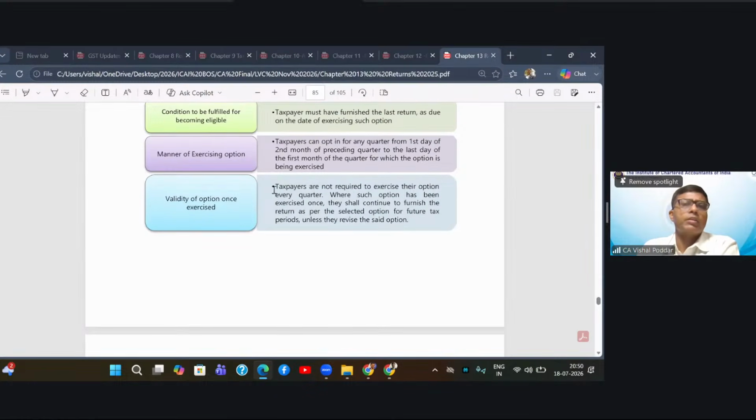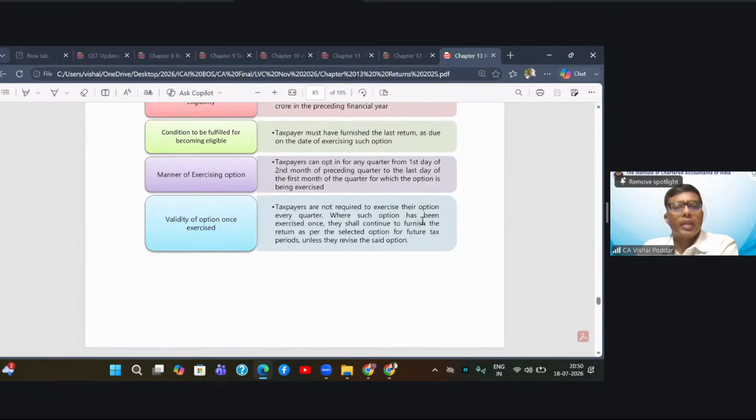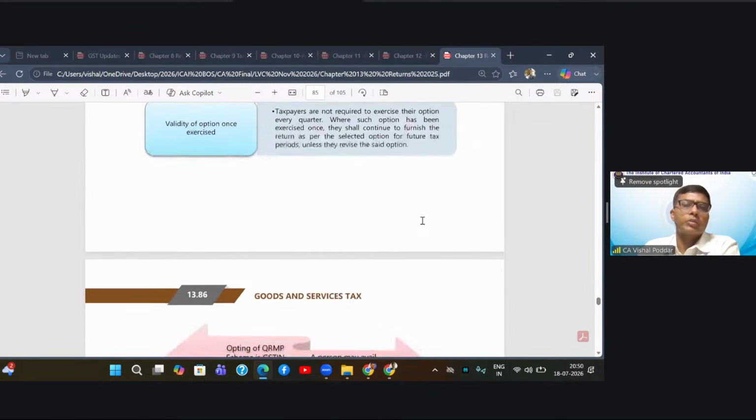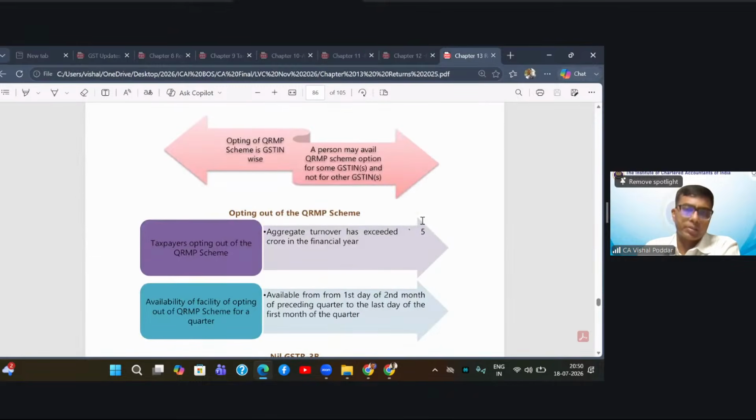Next, validity. The taxpayers are not required to exercise their option every quarter. Where such option has been exercised once, they shall continue to furnish the return as per the selected option for the remaining tax period, unless they revise the said option. So they can opt for this between the year, but once they opt for it, they should generally continue the scheme as per the option for the remaining year of that tax period.